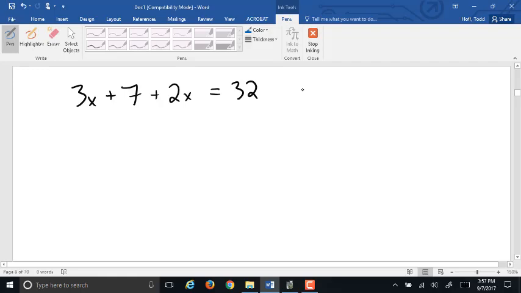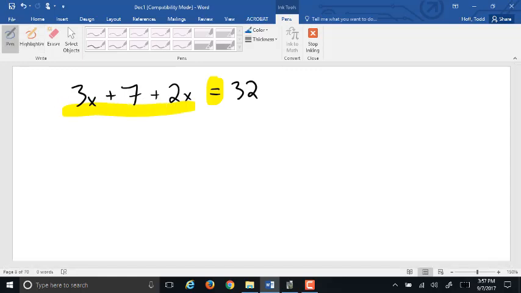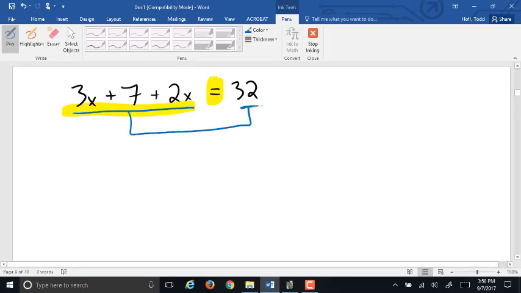So on this one, we find our equal sign. We try to identify which side the variable is on. And it's on the left, but we notice the x appears twice. We cannot solve an equation if the variable appears twice. So before we can start to solve, we have to get it down to where the variable only appears once. So to do that, we think of that balanced scale.